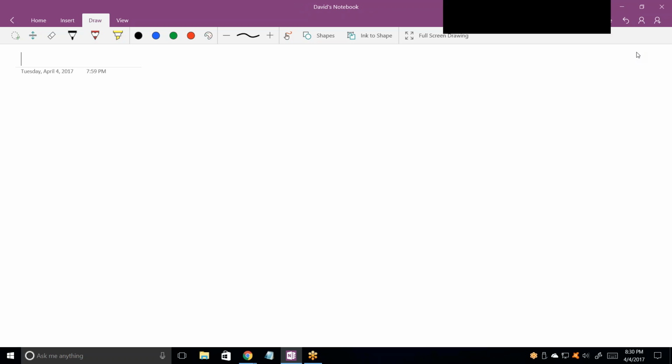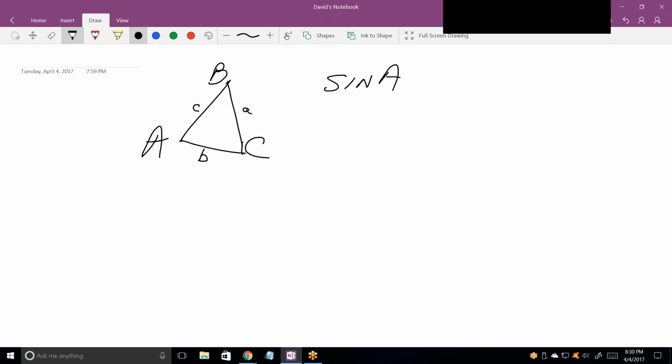Okay. Here's what the law of sines says. In any triangle, the relationship between an angle and its opposite side is the same, always.